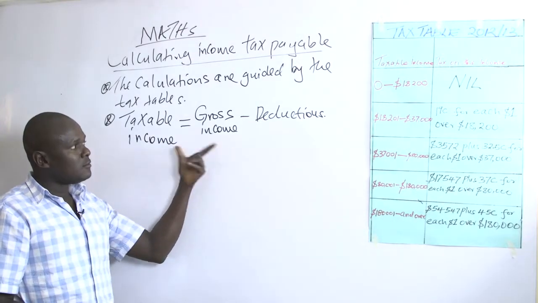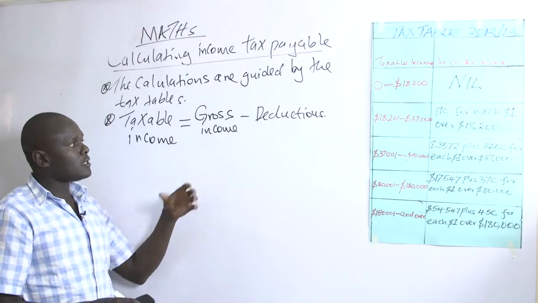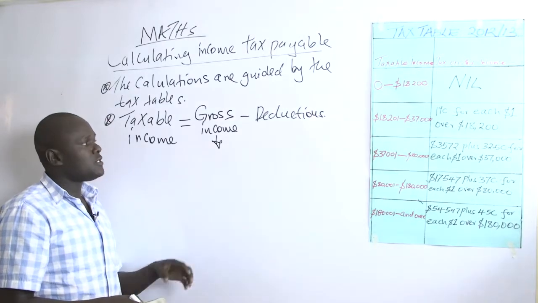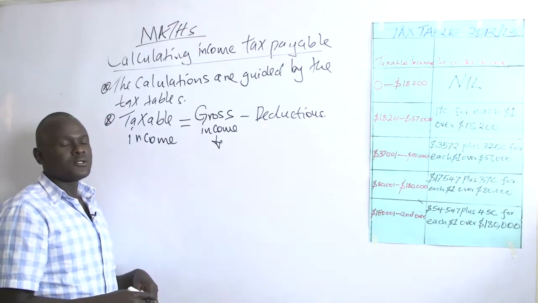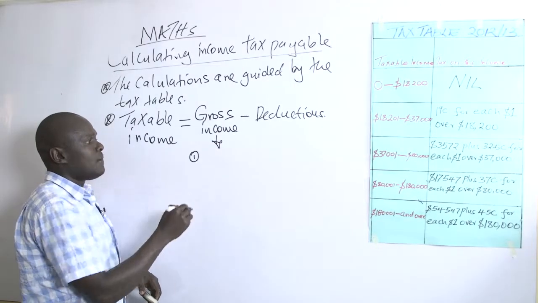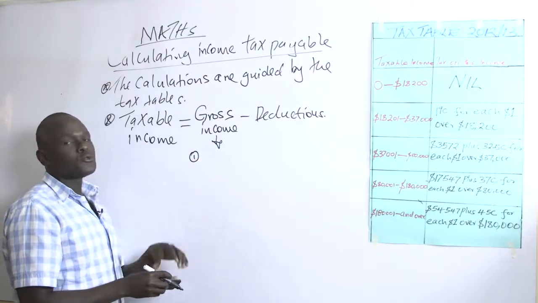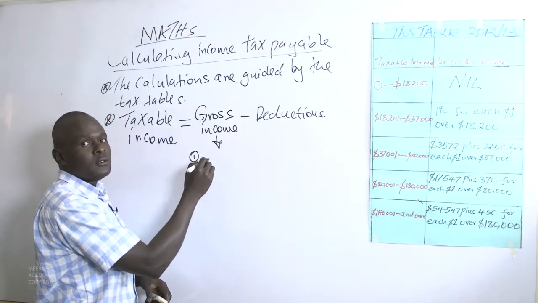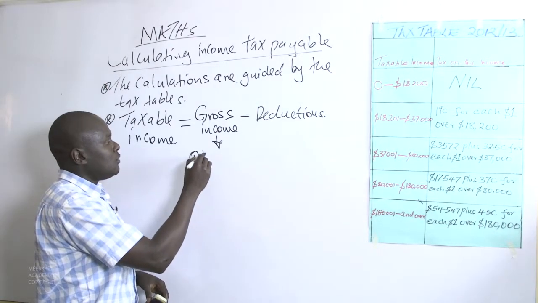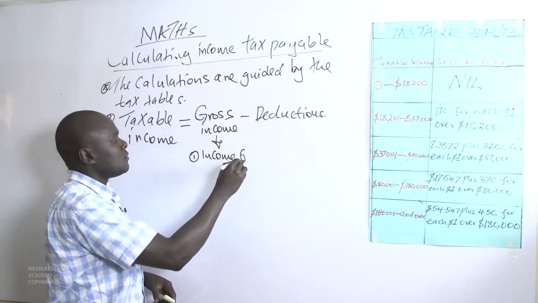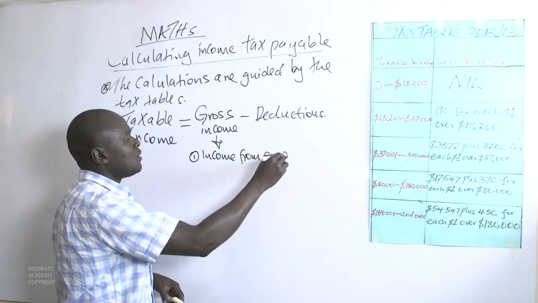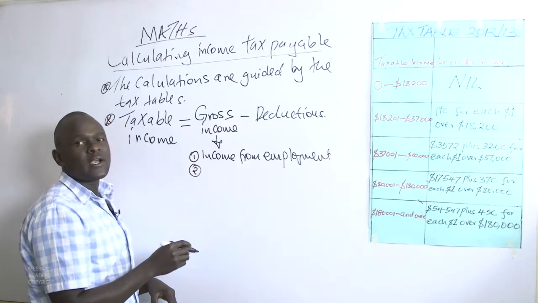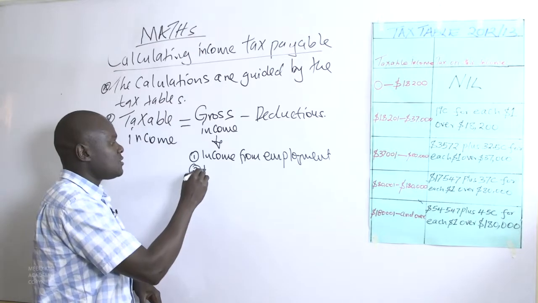Even in our last lesson, we looked at the components of gross income. One of the things that contributes to our gross income is income from employment. Also we can have interests from investment.